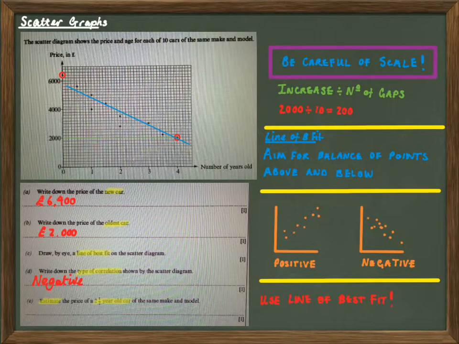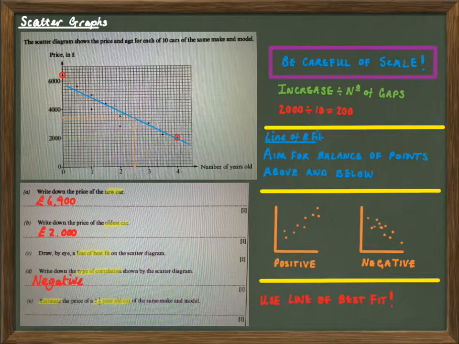So they want me to find the price, they've given me the age, so what I'm going to do, I'm going to find 2.5 years, which is going to be on my x-axis, draw a line up to hit my line of best fit. Where I hit my line of best fit, I draw a straight line across, okay? So my line goes up, hits the blue line, goes across, and then I'm going to put a little dot on my y-axis, okay? So 2.5 years, I know, is just less than £4,000.